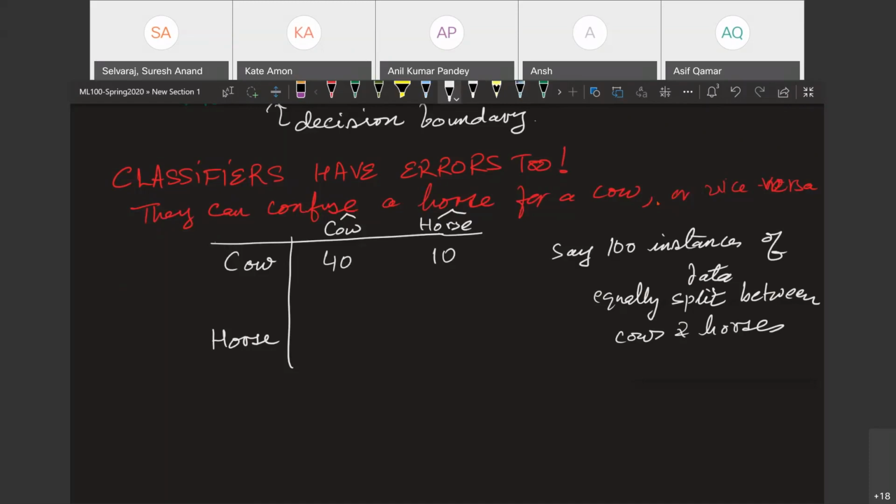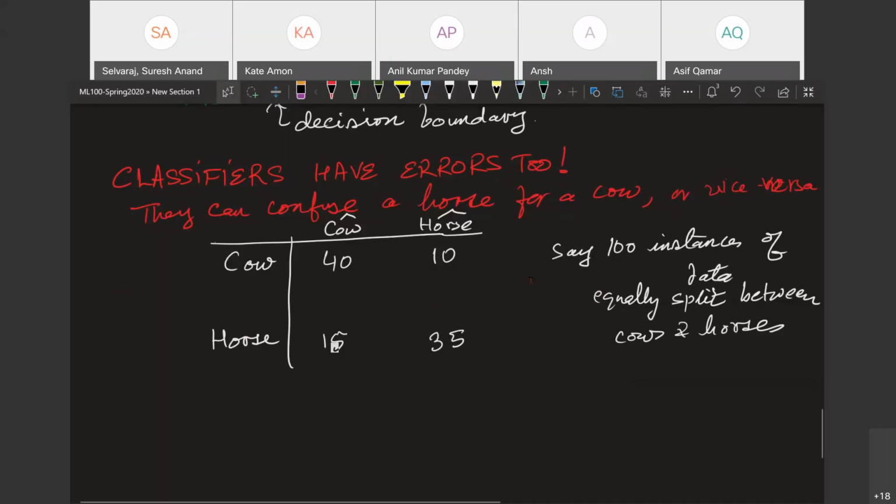And likewise, there are 50 horses. Let us say that about 35 of them were recognized as horses and about 15 of them were confused as cows. Are we together?